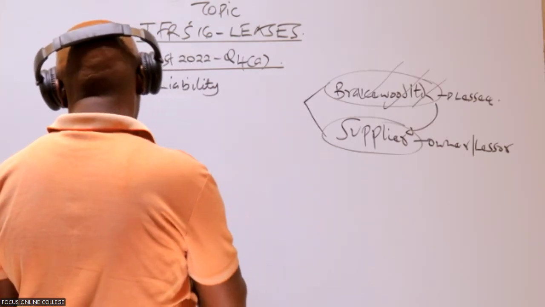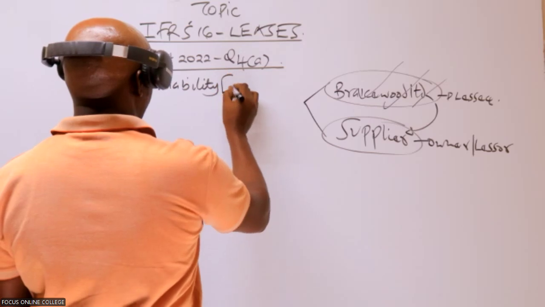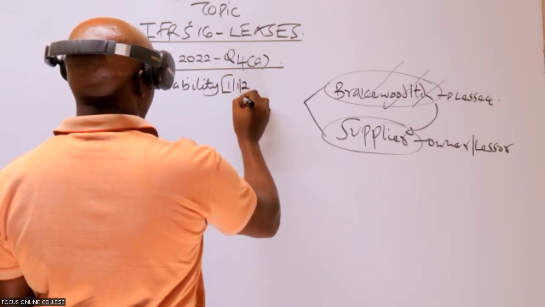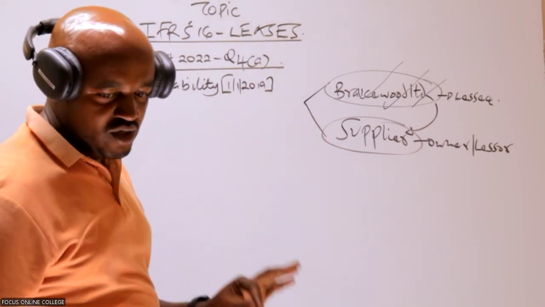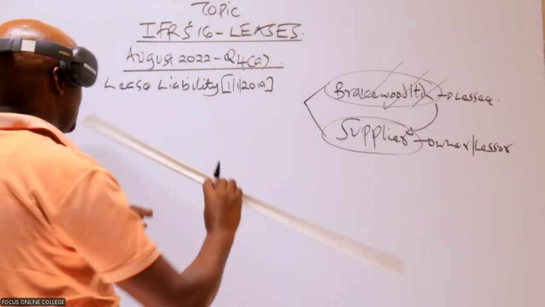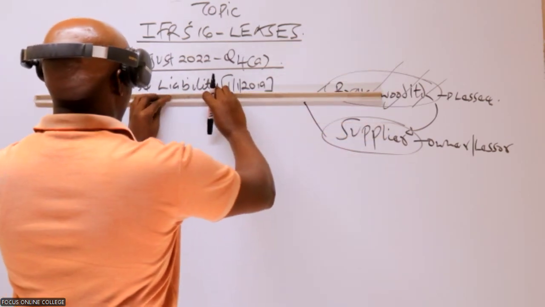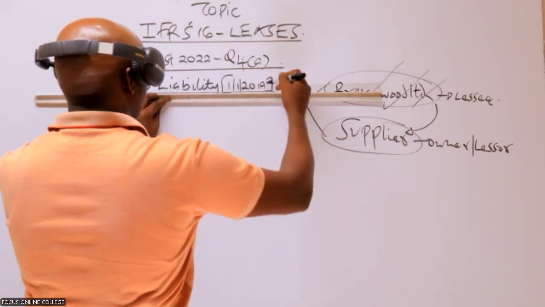If you go back to the question here, this lease commenced on 1st January 2019. So what we need to do is determine the lease liability on that date. How do we determine this lease liability?